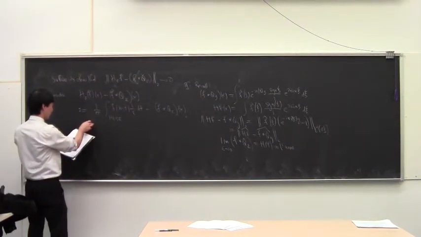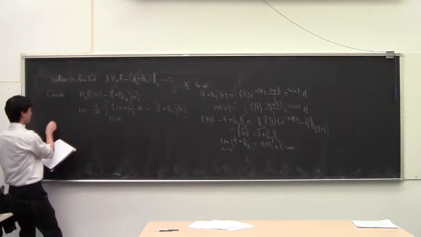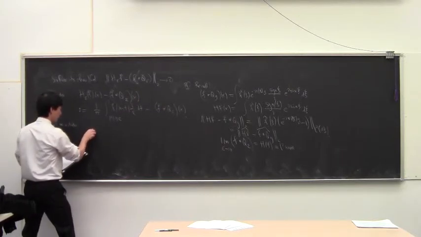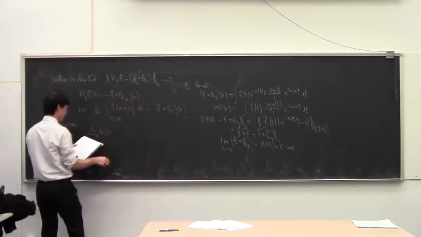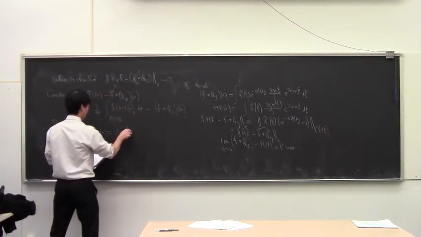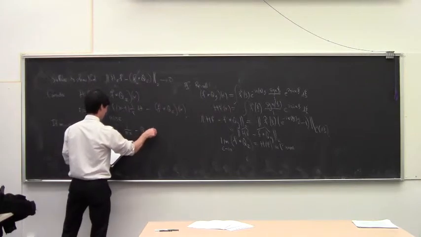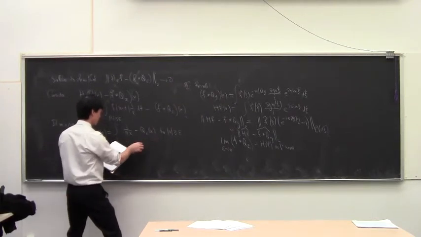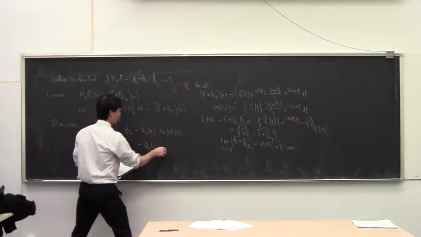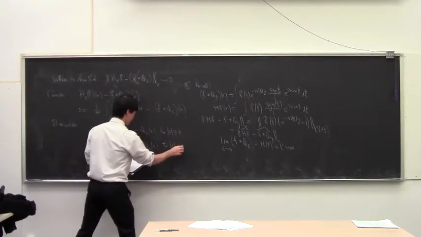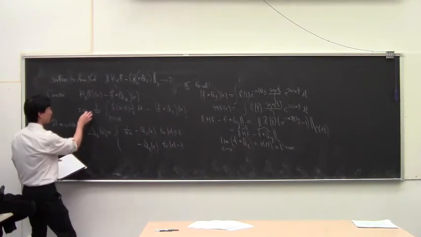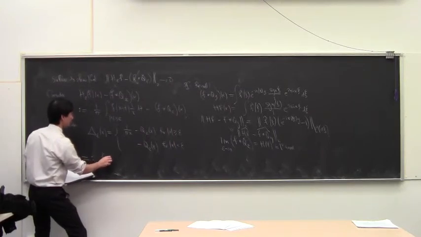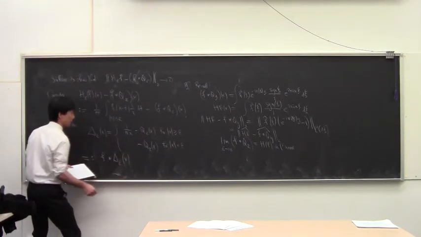And if we notate delta sub epsilon of x as 1 over pi x minus q epsilon of x, where x absolute value is greater than epsilon, and just negative q epsilon of x for x smaller than epsilon, then the above can be written just as f convolved with delta epsilon of x.